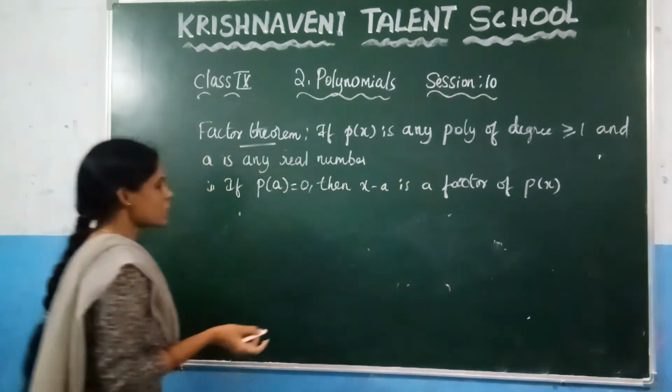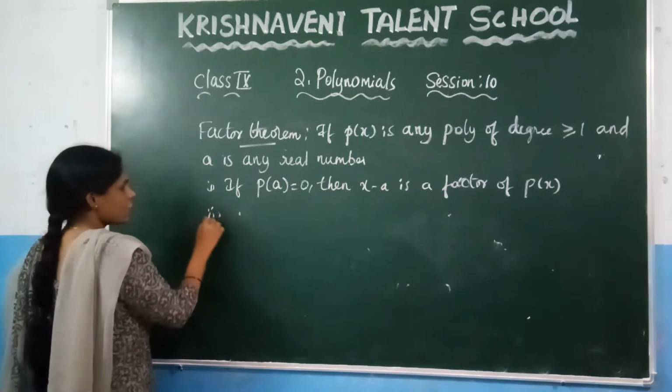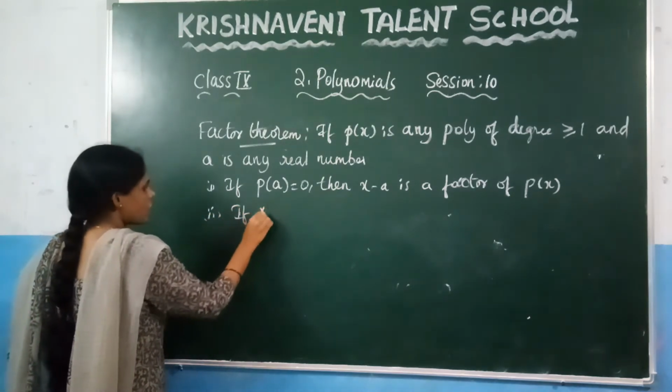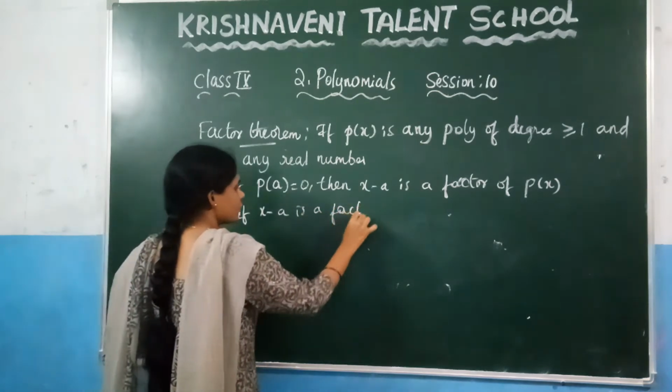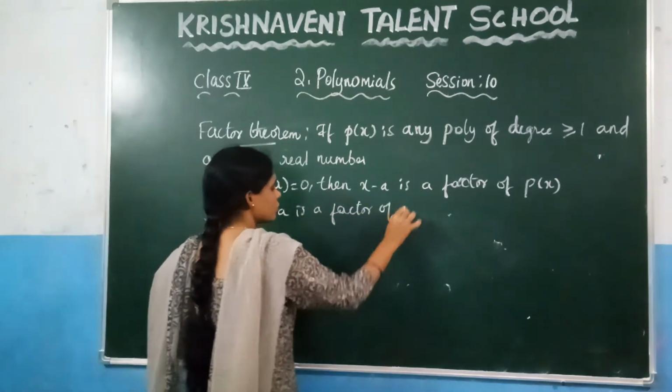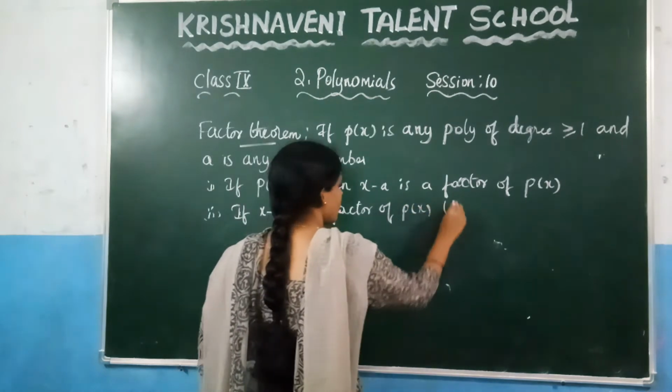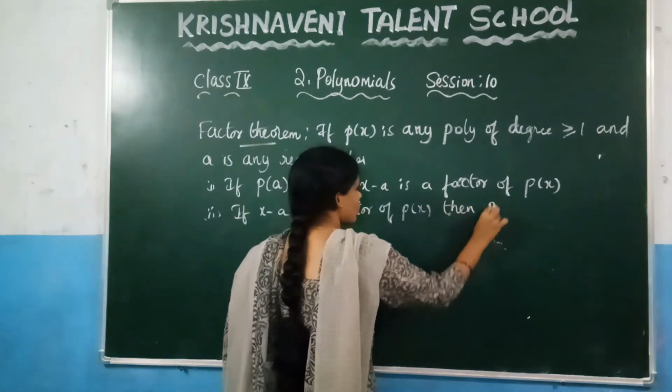Or the converse is also true. What it states here: if x minus a is a factor of p of x, then p of a is equal to 0.